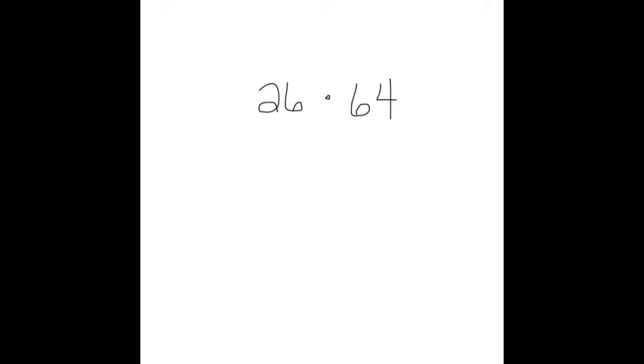All right, welcome back. So hopefully you took 20 plus 6, right? And we're going to multiply that by 60 plus 4. Well, 20 times 60, that's the same thing as 2 times 6, right? Which is 12. Add my 2 zeros.